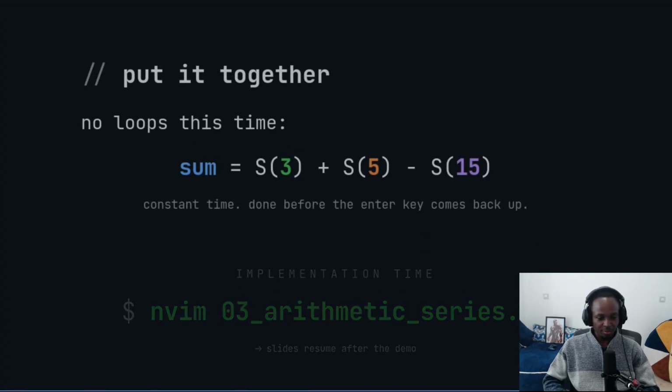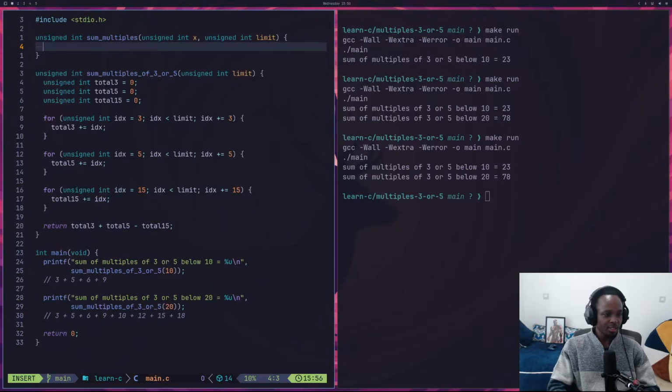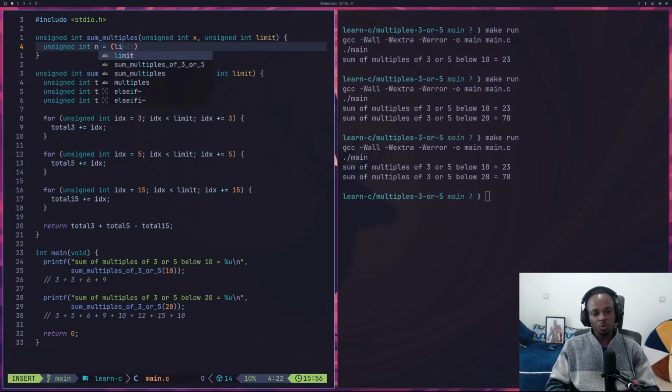The first thing we said, we need to calculate the value of n, the number of terms. So unsigned int, I'm just going to call it n. And so we said this is going to be, we take the limit, we minus 1, and then we divide it by the value of x.